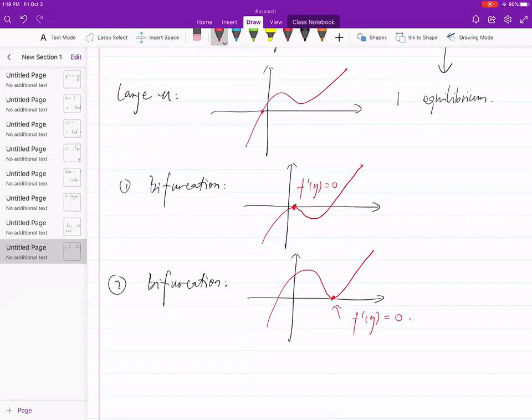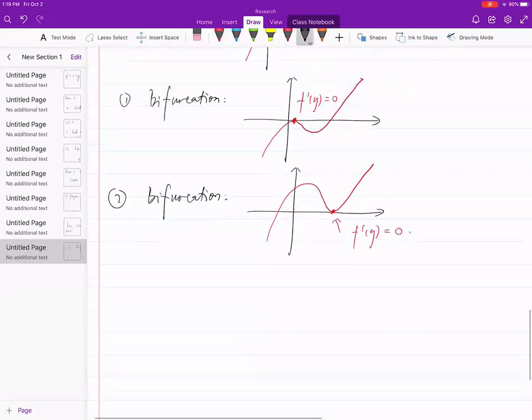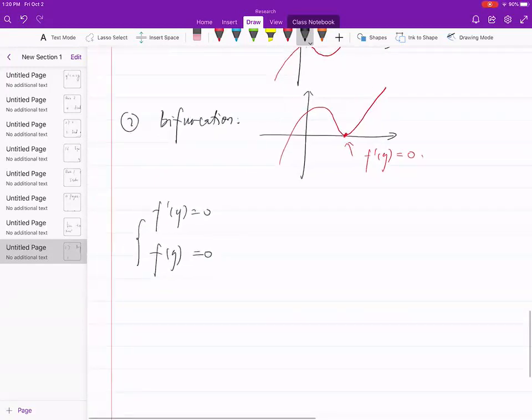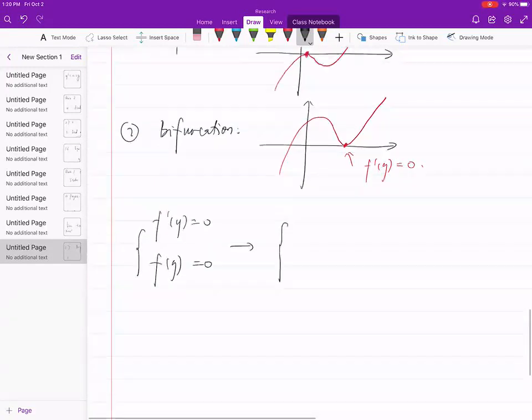Okay, so finally, our job is to figure out exactly what the mu values are. Then it's not hard to see. We just set f prime y equals 0 and f y equals 0 at the same time to find both.